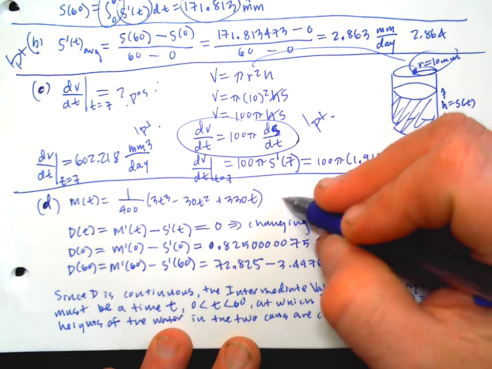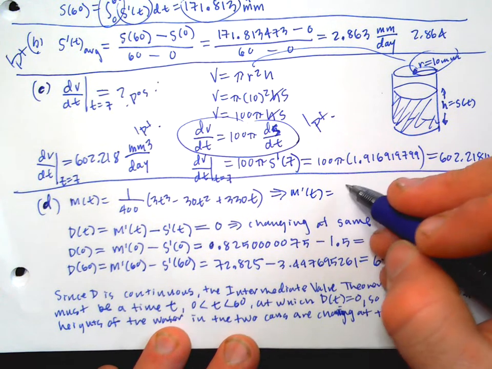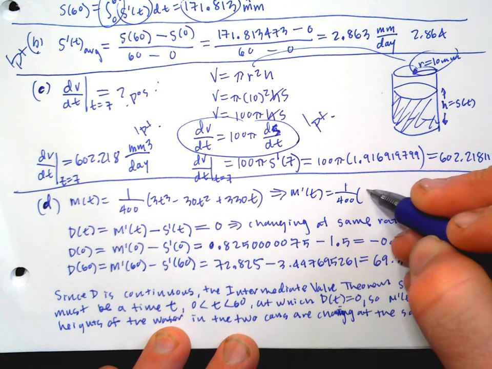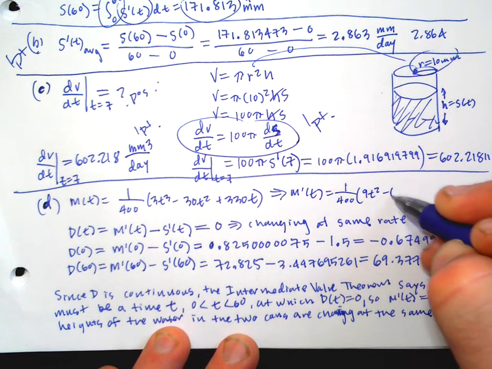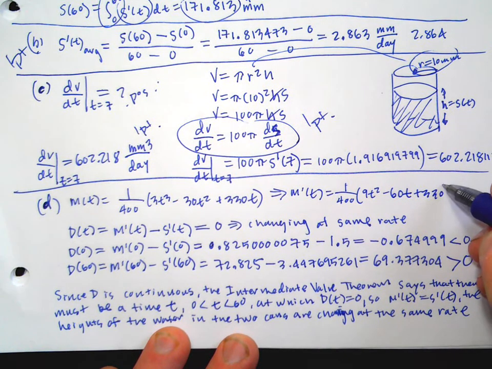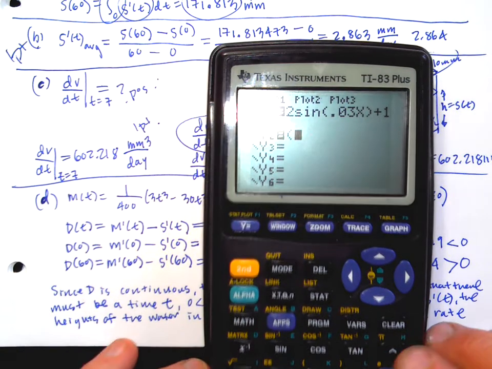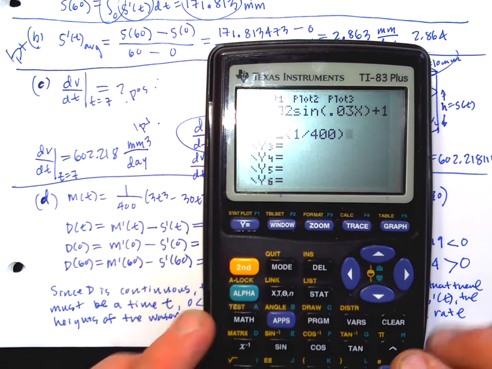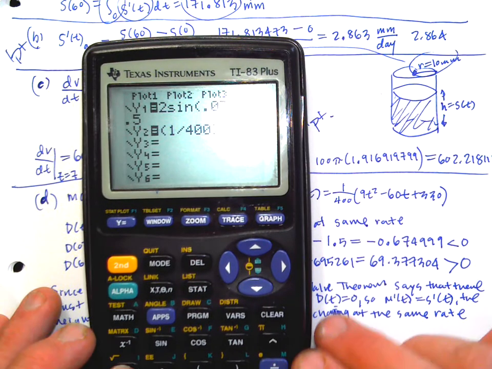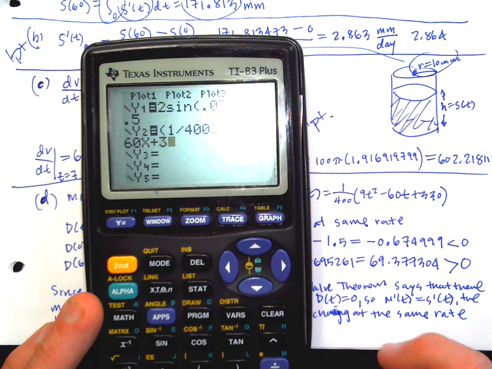So m prime is going to equal 1/400 in front, and then you get 9t squared minus 60t plus 330. And then we could put that into our equation here, 1/400, parentheses, 9x squared minus 60x plus 330.